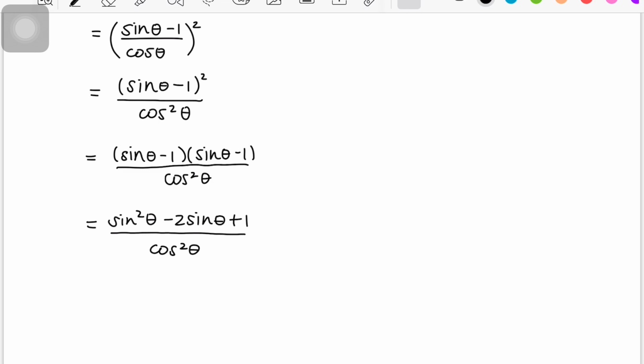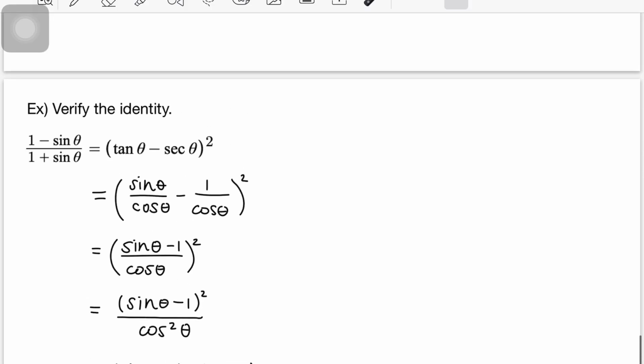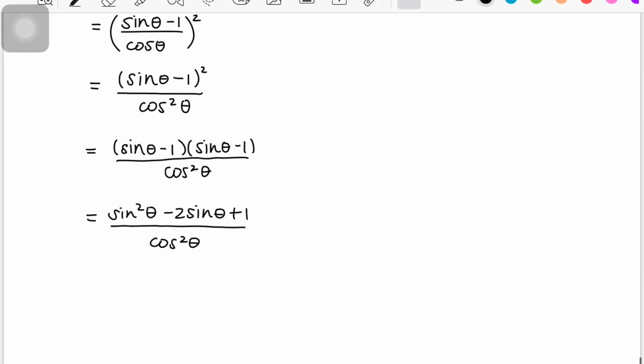All right. Now notice we have sines in our numerator but cosine in our denominator. It might be helpful to rewrite this in terms of just sines because that's what we're trying to get to. Our final answer will be in terms of just sines. So we'll use the Pythagorean identity here to rewrite cosine squared theta in terms of sine.